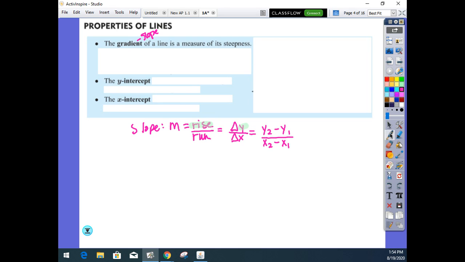Okay? The y-intercept, that's just where the value of y, where the line cuts the y-axis. Where does the line go through the y-axis? It's that value of y. So the y-intercept always has 0 for the x and a y number for the y.